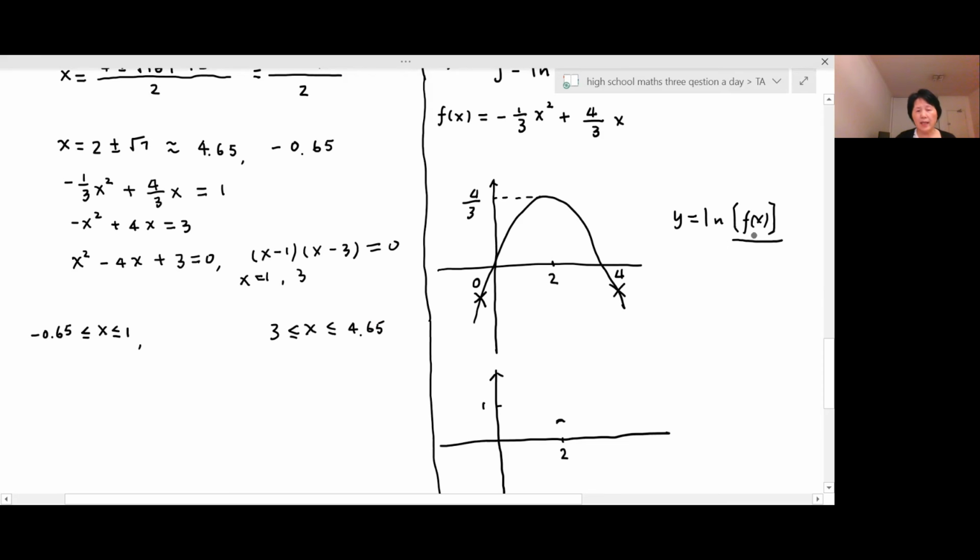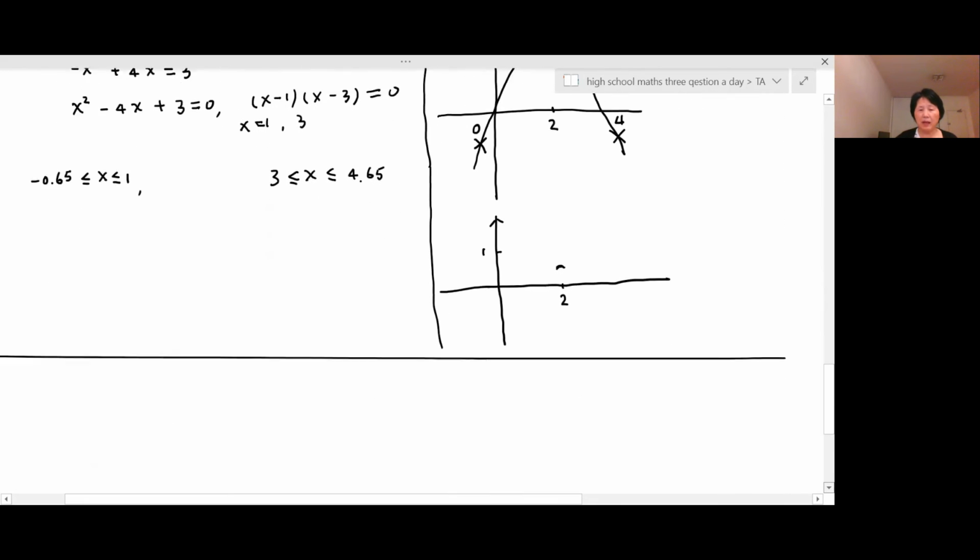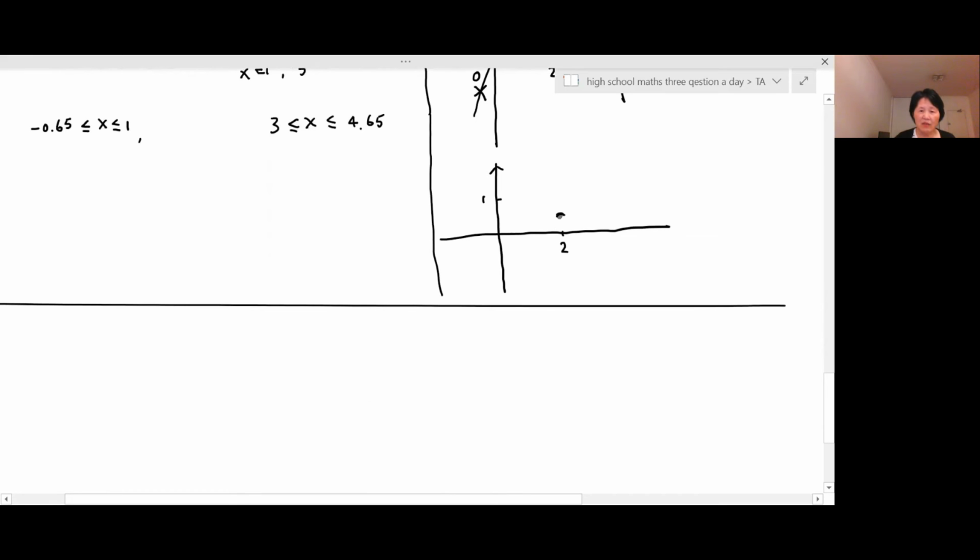For the logarithm, if this number is very small, for example, you can use your calculator to type log 0.00001. This will give you a very big negative number.